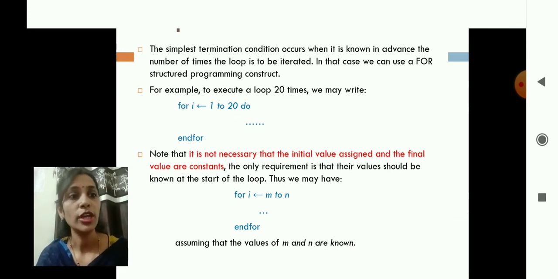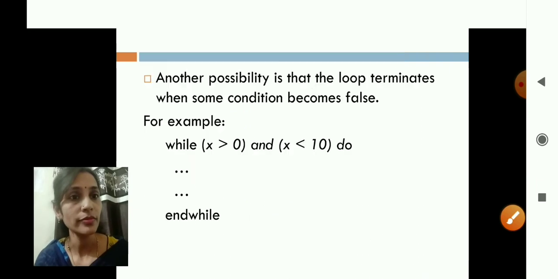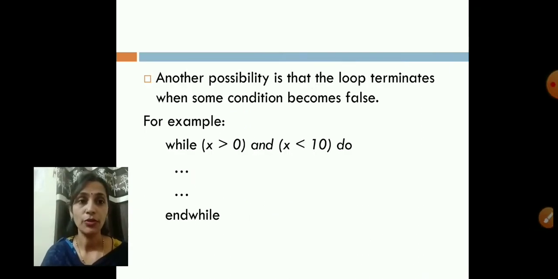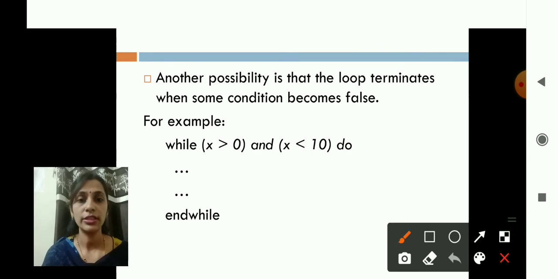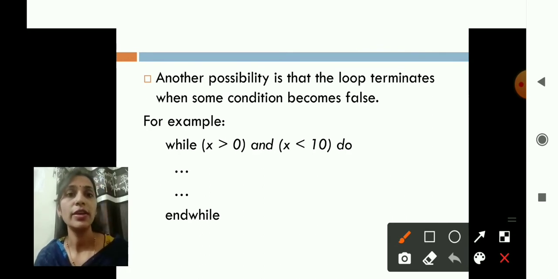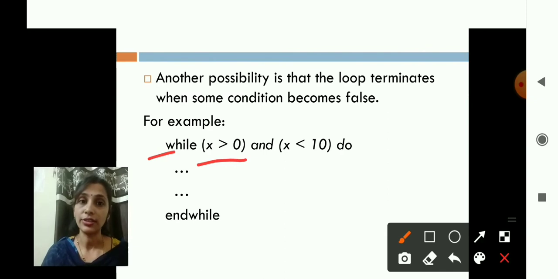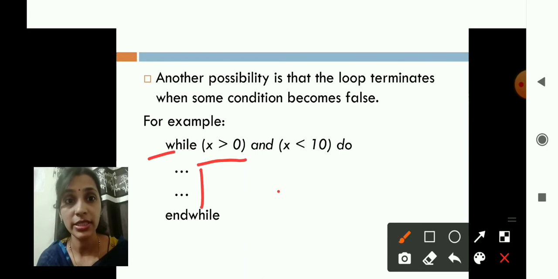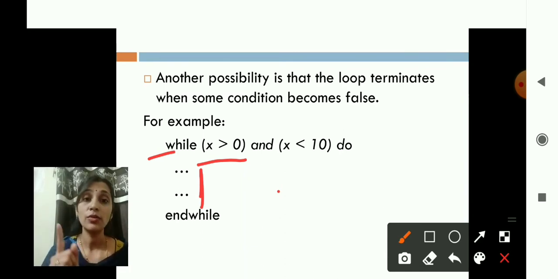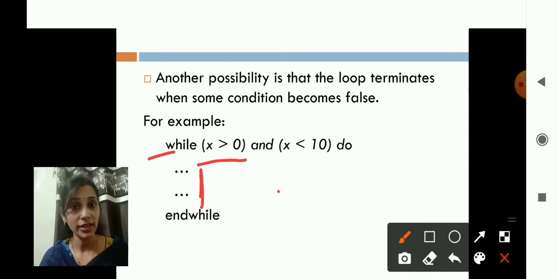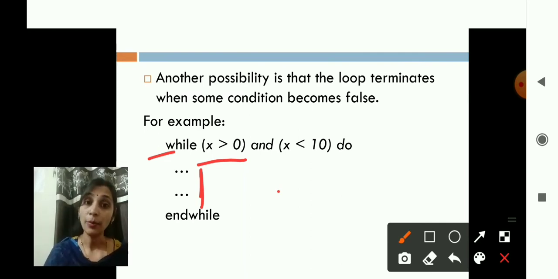Most of the time we also use two conditions. Here we have an example for that, where we use some false conditions to exit the loop. This while loop has two conditions: x is greater than 0, for example 1, and x is less than 10, for example 9. It will run the statements inside it for x from 1 up to 9.